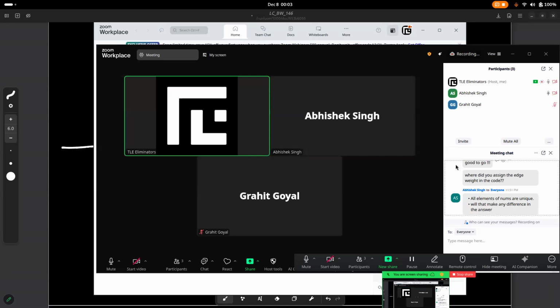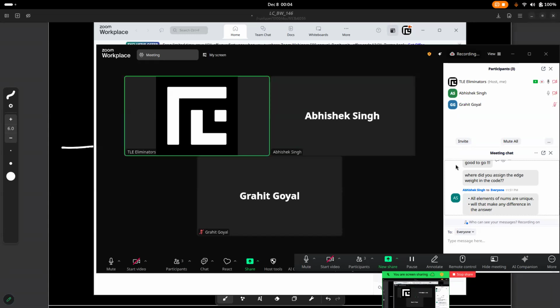Basically, if in the question it was not mentioned that all the nodes are unique, then we also can solve it, no? Because in future we will check whether we can take it into a single connected component or not. Will we be able to solve it if there are duplicate values?